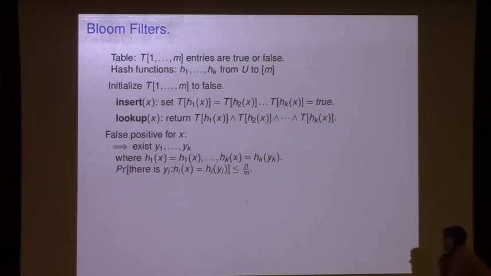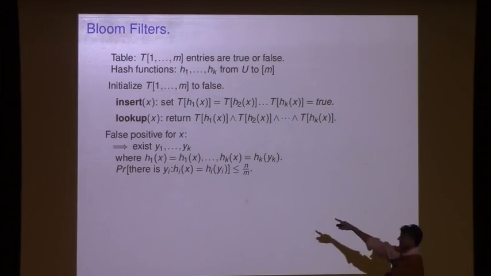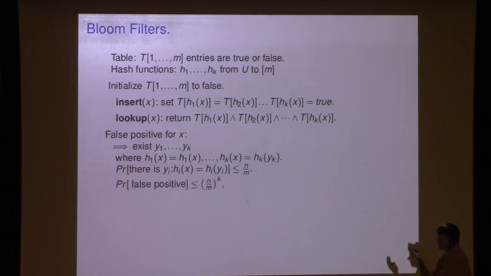Okay? So now that we already saw in the previous slide, for these hash functions selected uniformly from universal hash functions, there is a y_i such that h_i(x) is equal to h_i(y_i) with probability less than or equal to n over m, right? That's just a calculation we did before. So now you just get to raise this probability to the k, right?